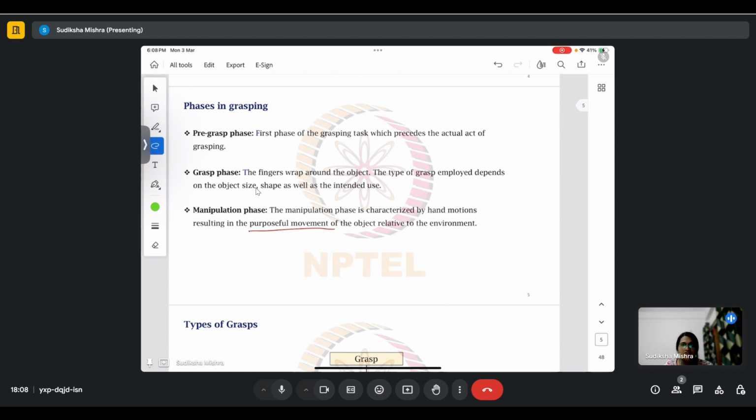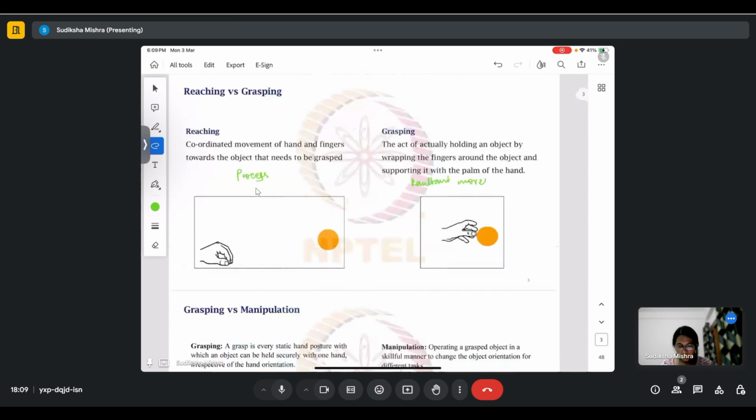Coming to the phases of grasping, there is a pre-grasp phase, the first phase when you are just about to hold on to a pen, for example. The grasp phase follows the reaching phase.